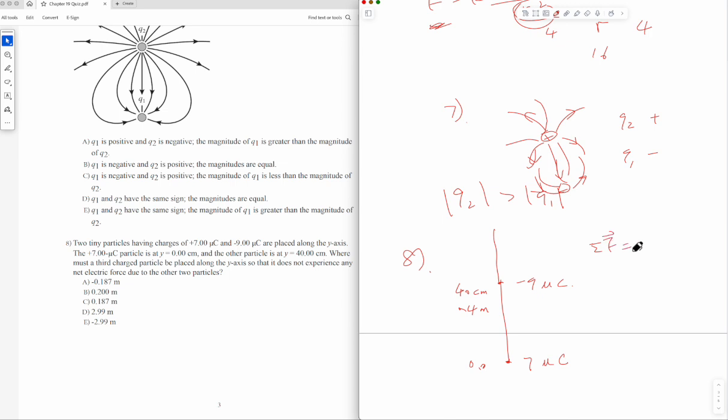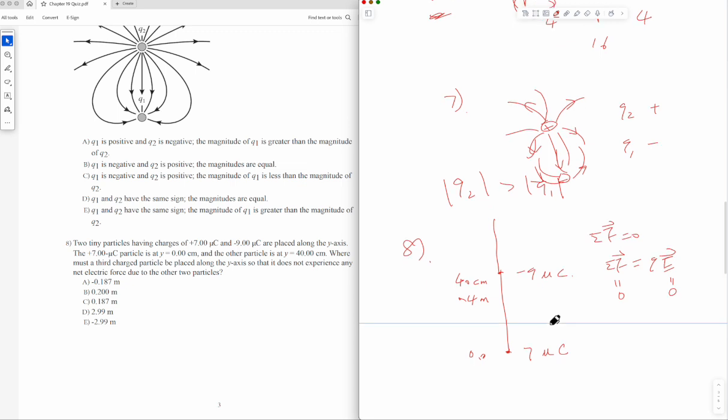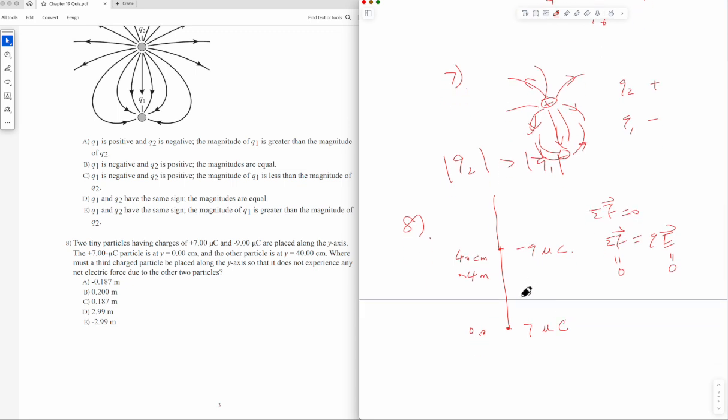Electric force equals Q, whatever Q, times the field. If the force is 0, the field is 0. So on the y-axis, you find a location where the electric field is 0. Because they are opposite charges, you find a position where the net electric field is 0.